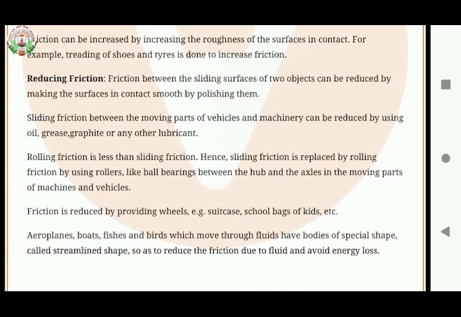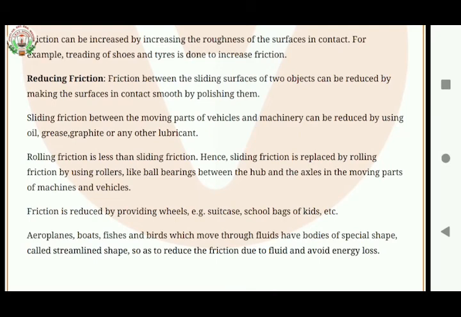Aeroplanes, boats, fishes and birds which move through fluids have bodies of a special shape called streamlined shape, so as to reduce the friction due to fluid and avoid energy loss. So to avoid energy loss by friction, aeroplanes, boats, etc. are designed with special shapes like fishes and birds.